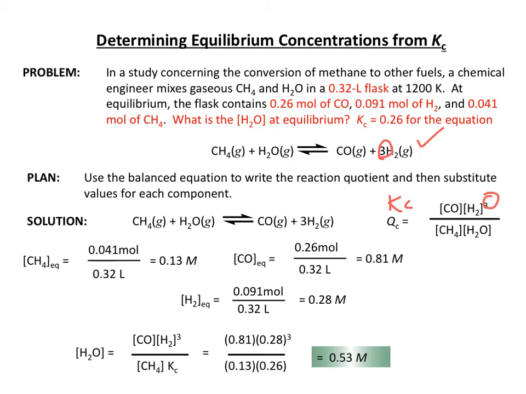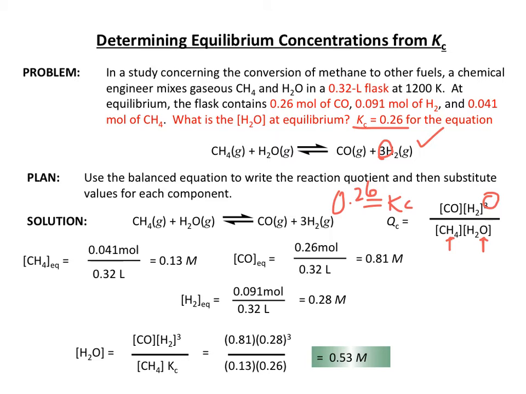We divide by the reactants. Methane and water are there with coefficients of 1, so we have methane and water. So this is our equilibrium constant expression, and they actually give us a value of the equilibrium constant, so that's equal to 0.26.